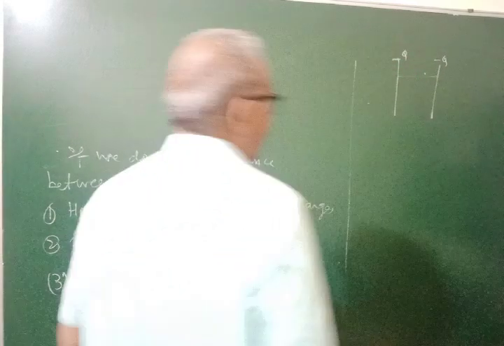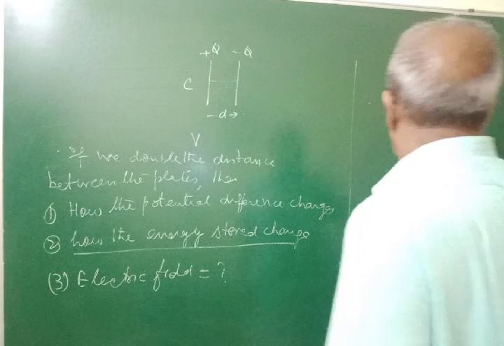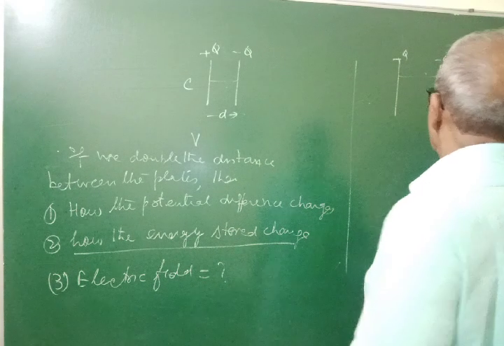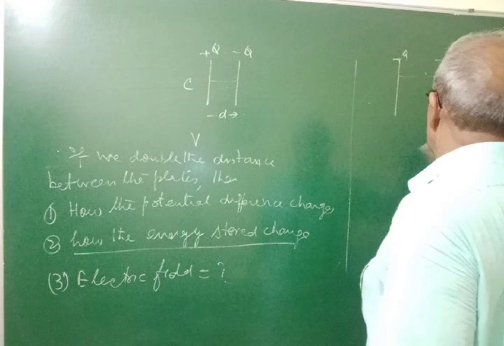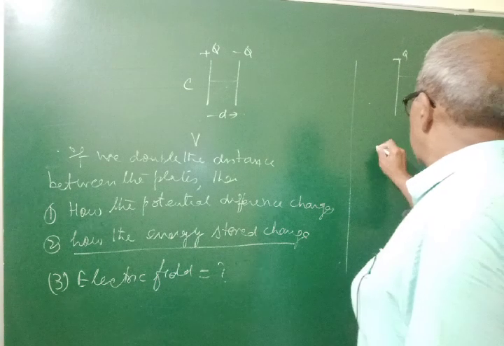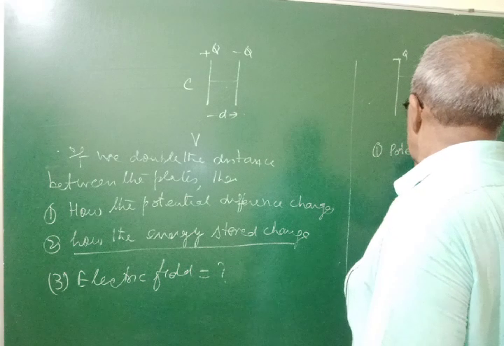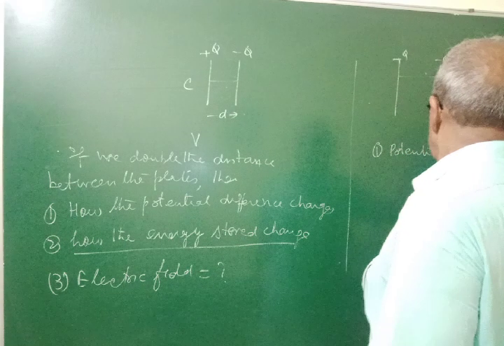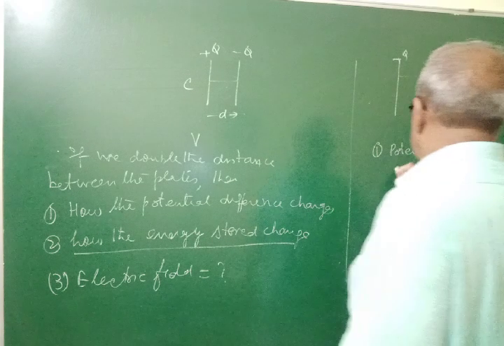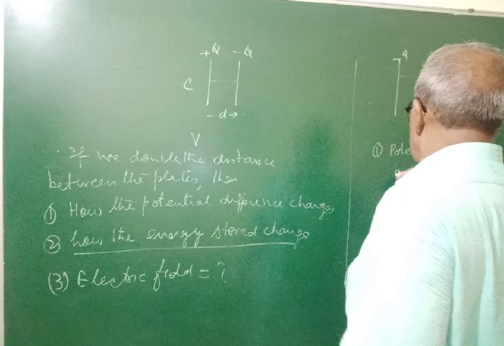Work done divided by charge is potential difference. So work doubles, so the potential difference becomes double.